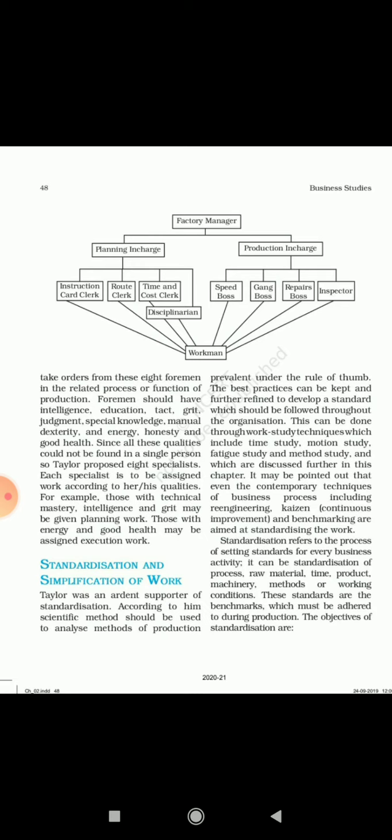Simplification emphasizes elimination of unnecessary diversity of production, size and type. As more variation means more inventory, more types of machinery, more labor unutilized and more raw materials.